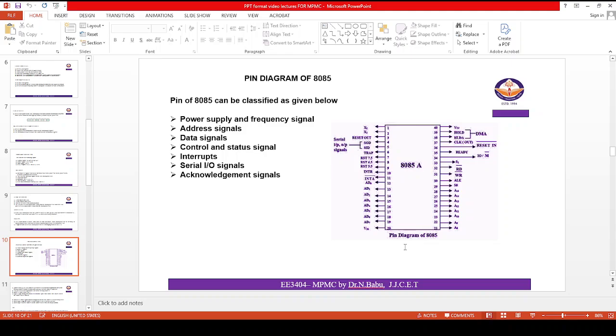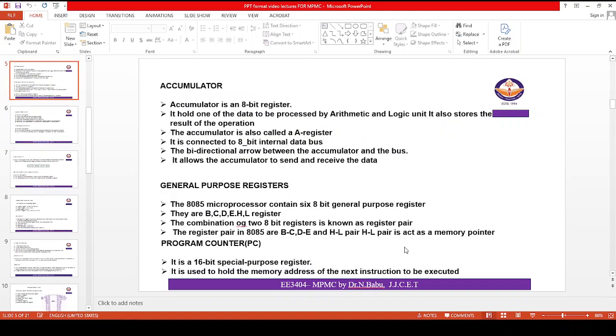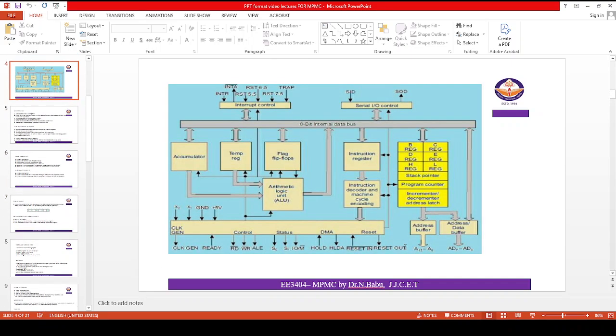Apart from that, there are other registers. One is the general purpose register. A general purpose register is an 8-bit register. The 8085 microprocessor has 6 general purpose registers.